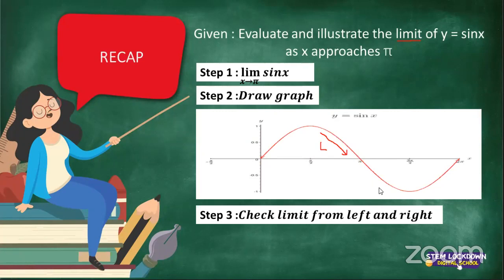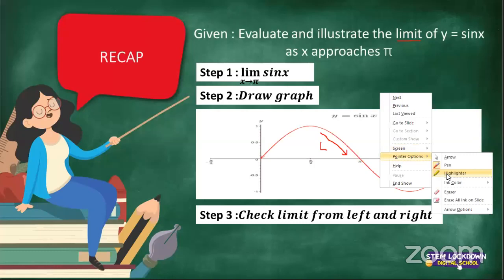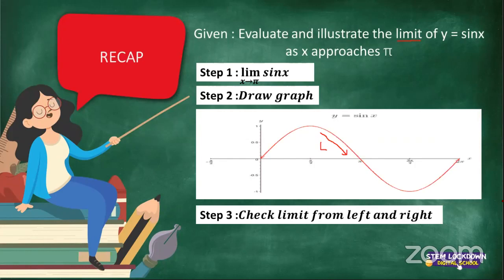And then if you do the same thing, let's use a different color, coming from a different side, which is from our right. If your x is getting closer and closer to pi from your right side, your value of y is approaching 0.